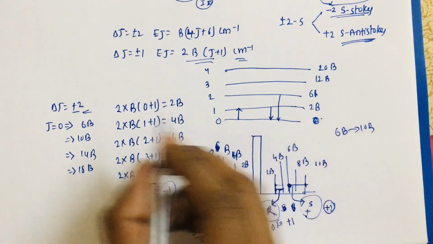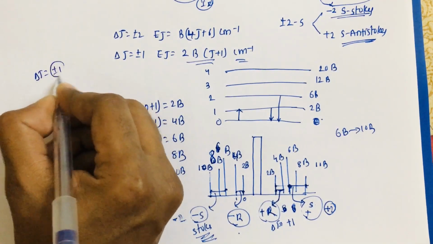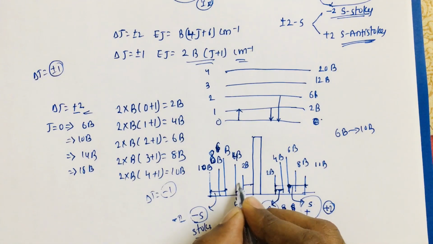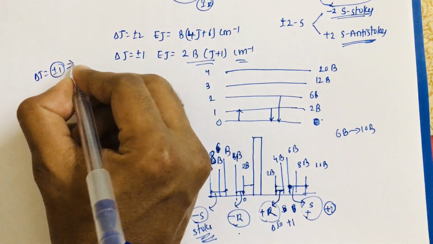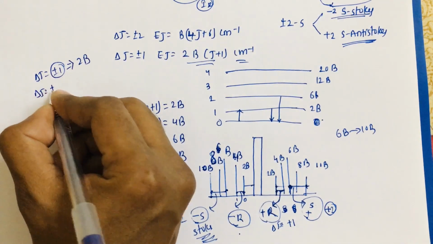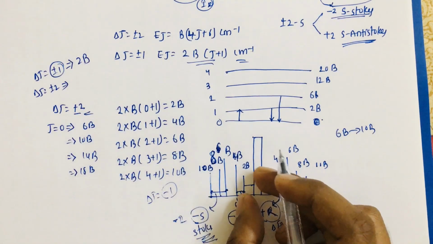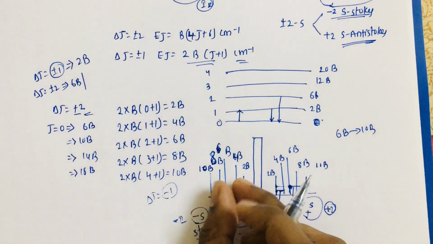Next, when we have a selection rule delta J equals plus or minus 1, the first energy level, and any level you take, the energy difference will be 2B. When we have delta J equals plus or minus 2, in that case the first energy difference will be 6B, and all other energy differences will be 4B.